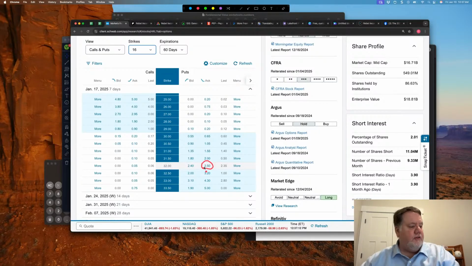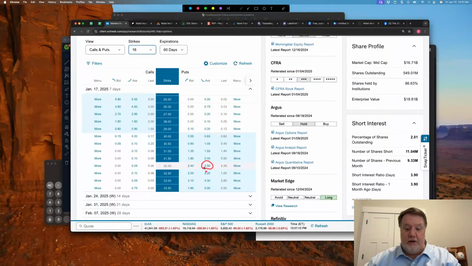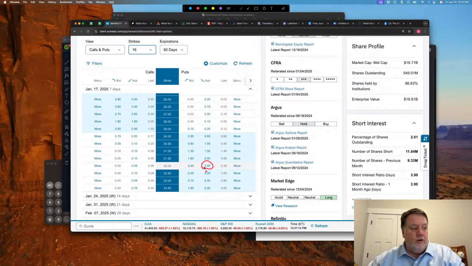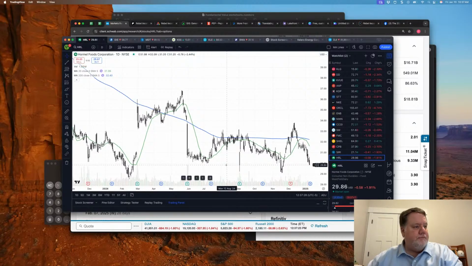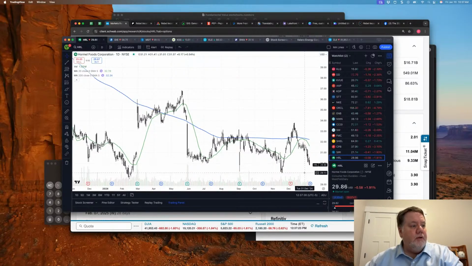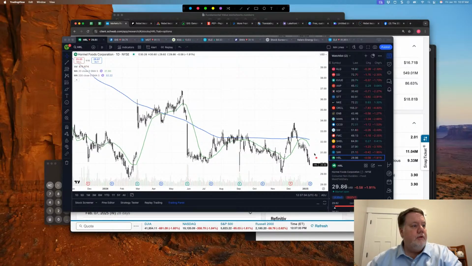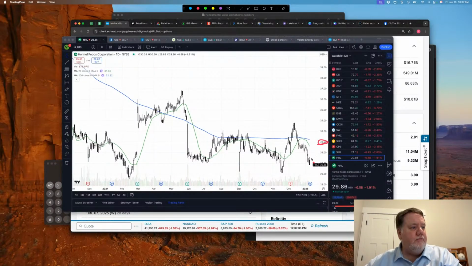I sell these contracts because these are companies that I don't mind owning. And so even with HRL down a little bit below 30, I don't mind being assigned at 32. Here's the price that I expect to be assigned at.